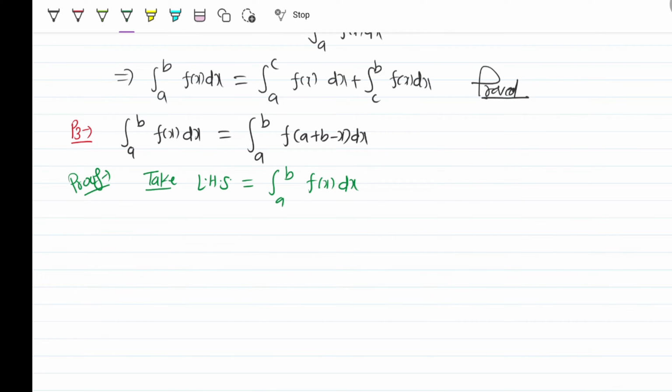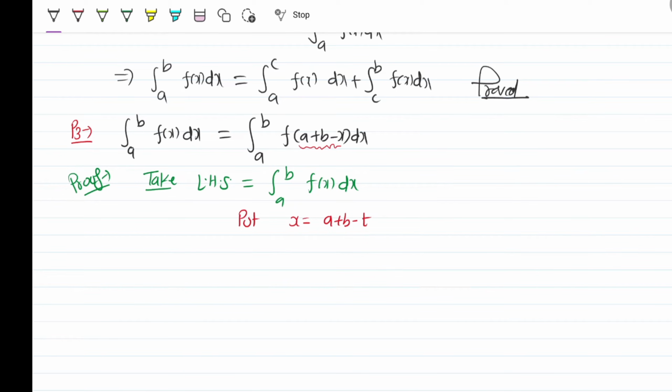Now here we will use the method of substitution. What to substitute? We will get the hint from here. We want to prove f(a plus b minus x), so we will use the substitution x equals a plus b minus t. Why are we putting this? Because we want to prove f of a plus b minus x, so we get the hint x equals a plus b minus t.